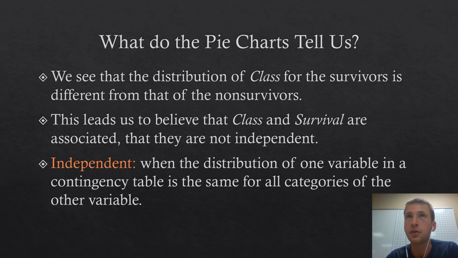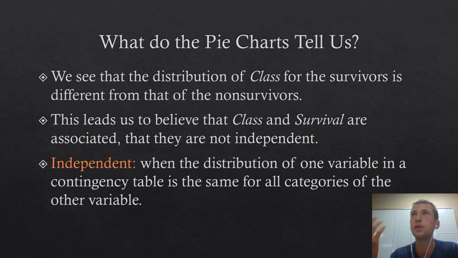So looking back at those two pie charts, if class and survival were independent, the size and proportion of each piece in the alive pie chart would be the same as that in the dead pie chart. However, we saw that there were significant differences, and that would indicate that they are not independent of one another. In other words, by knowing that someone was in the third class, for example, we know that their survival chances were much lower than somebody who was in the first class.